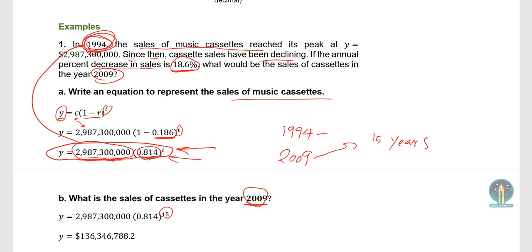Again, remember the unit of time on the rate needs to be the same as the unit of time on t. Here the annual percent decrease in sales is 18.6%, so the time unit in the rate is years. Be very careful with this.